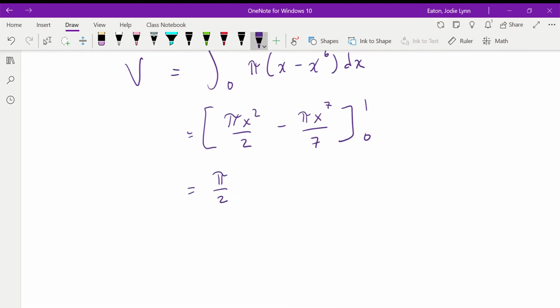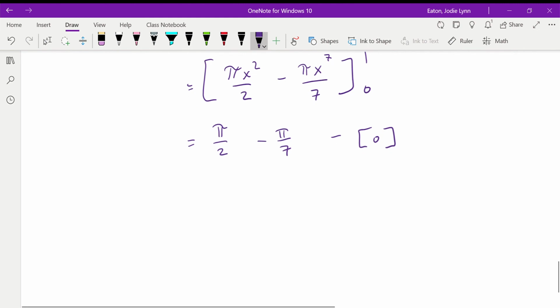We get pi over 2 minus pi over 7, and we subtract 0, since it all has x's in it. That gives us 7 pi over 14 minus 2 pi over 14, which winds up with 5 pi over 14.